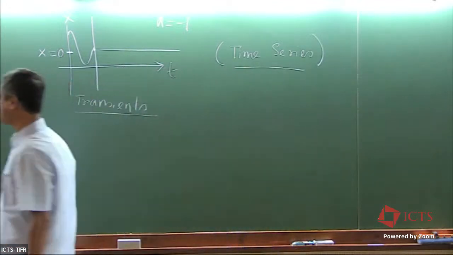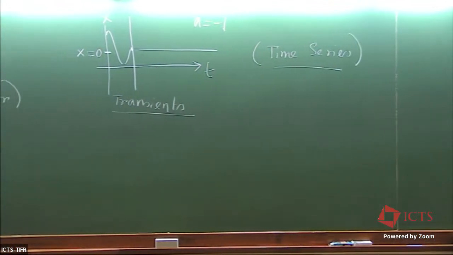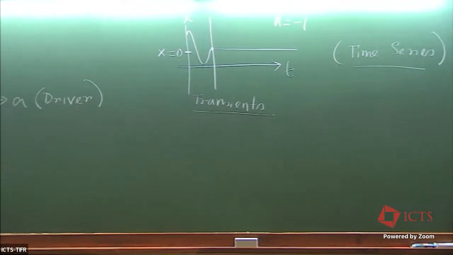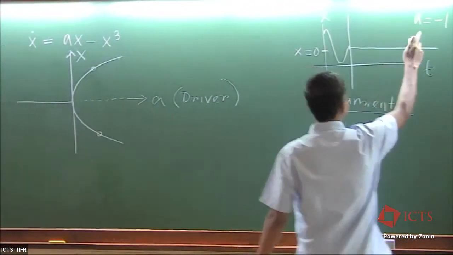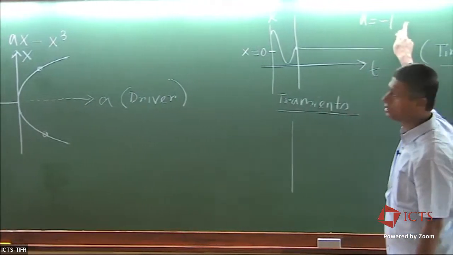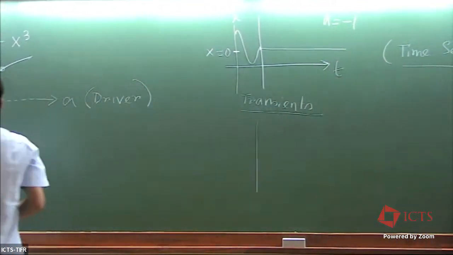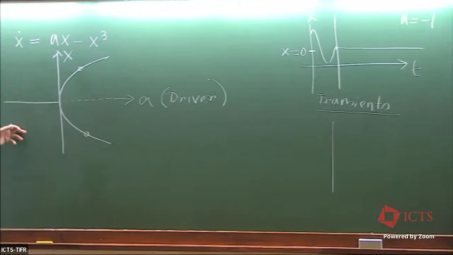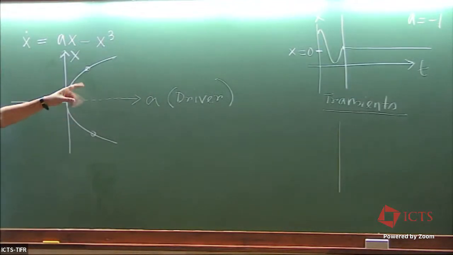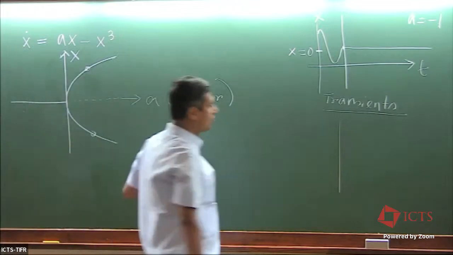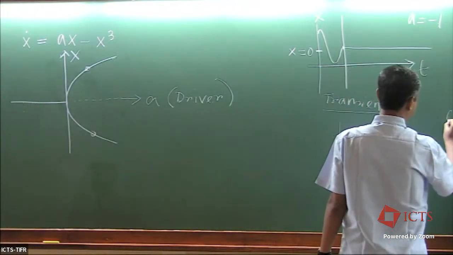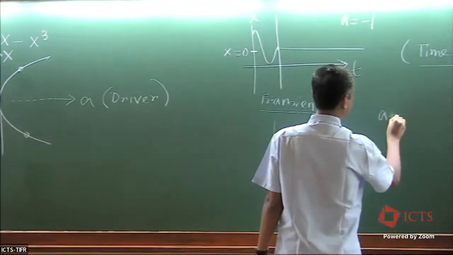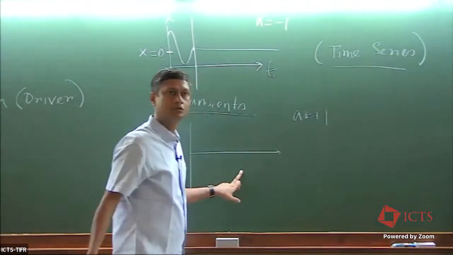Now this is the situation for A = -1. Until I reach A = 0, I will always settle into x equals 0, right? Now let's say I consider A equals +1.